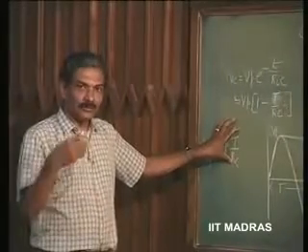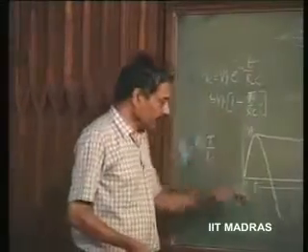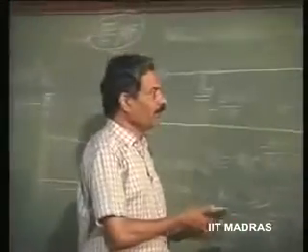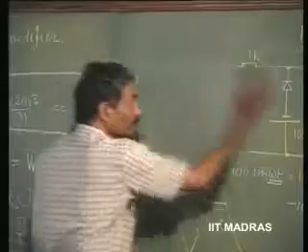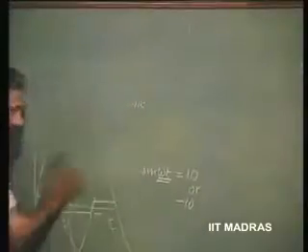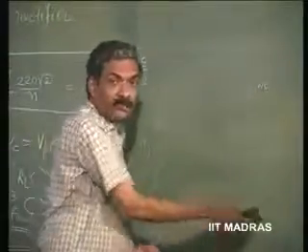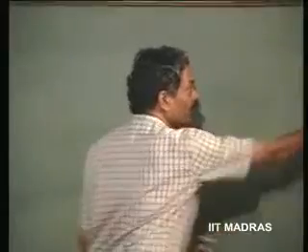I would like to give a problem at this stage, problem 3. The problem is: find out the RMS value of the ripple voltage when it is a triangular waveform, given that the peak to peak value is Vp into T by Rc.